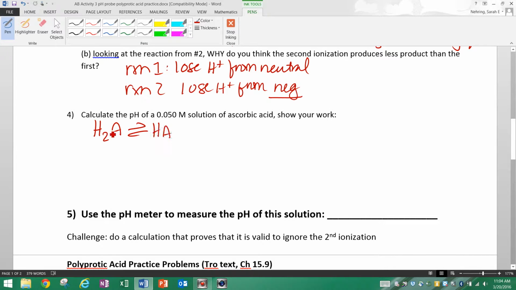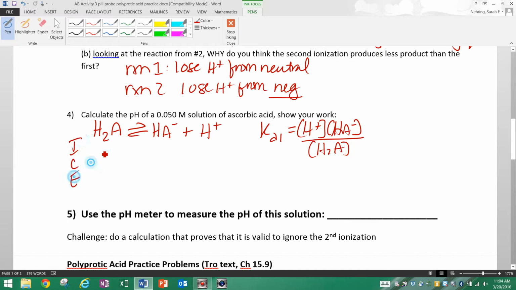H2A is going to generate an H plus ion, leaving behind HA minus, and I would use Ka1 to describe this reaction. Then you set up your ICE chart, 0.050, and this starts out at 0, minus x, plus x, plus x.